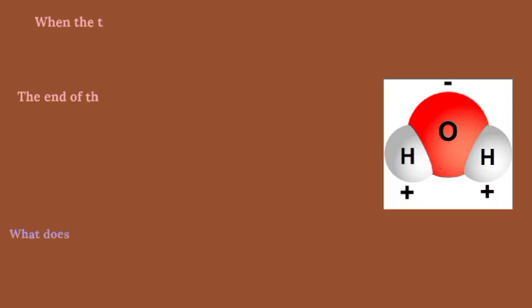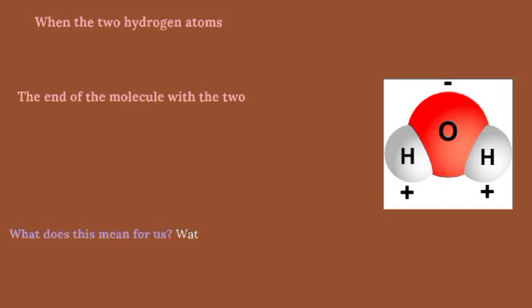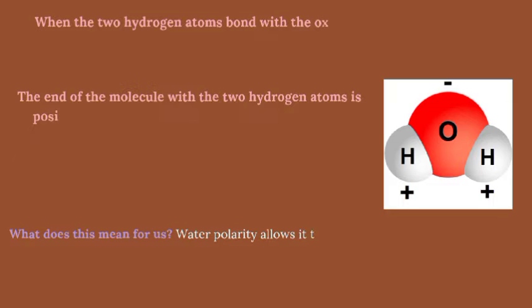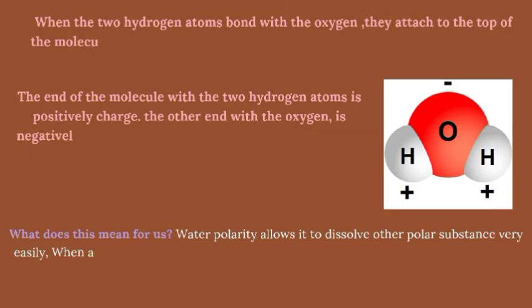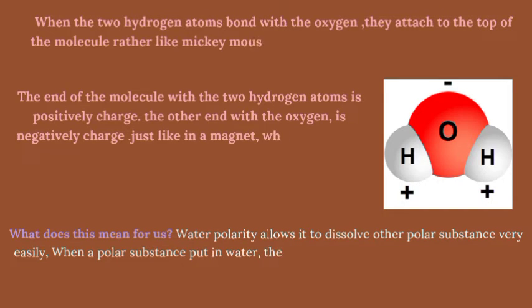When the two hydrogen atoms bond with the oxygen, they attach to the top of the molecule, rather like Mickey Mouse's ears. This molecular structure gives the water molecule polarity, or a lopsided electrical charge that attracts other atoms. The end of the molecule with the two hydrogen atoms is positively charged. The other end, with oxygen, is negatively charged, like a magnet, where north poles are attracted to south poles.